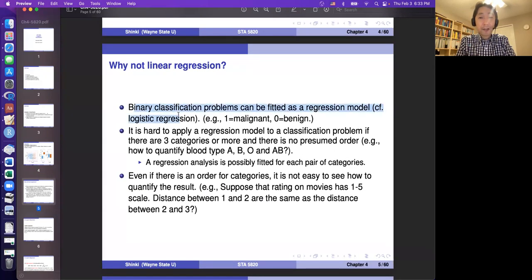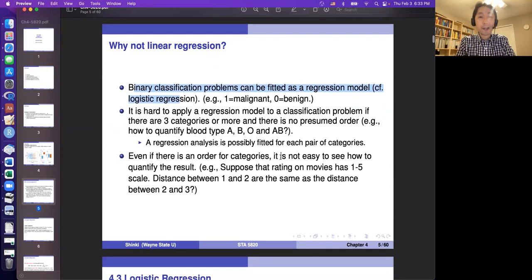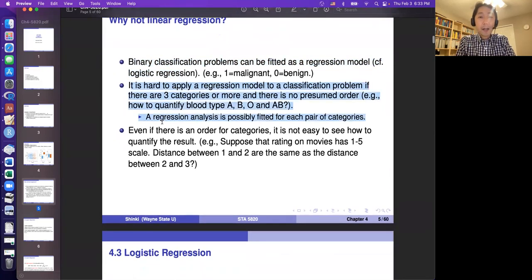Binary classification problems can be fit as regression models, such as logistic regression. We will discuss it in the next section. It is hard to apply a regression model to a classification problem if there are 3 categories, such as blood type.